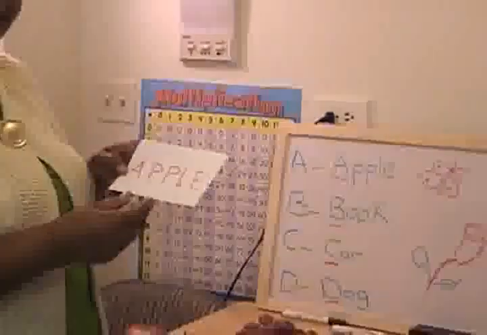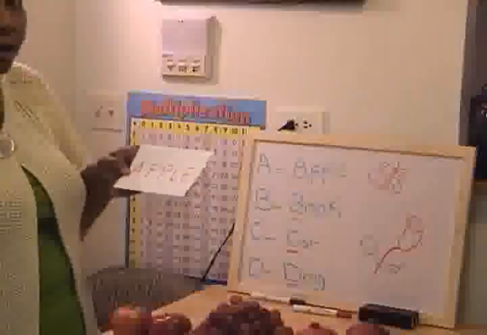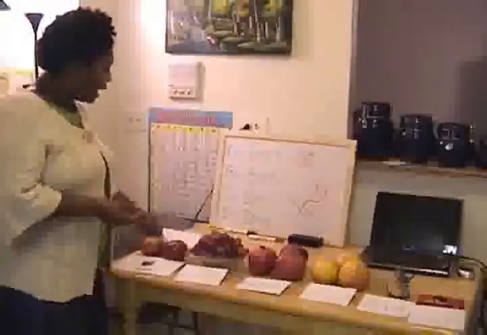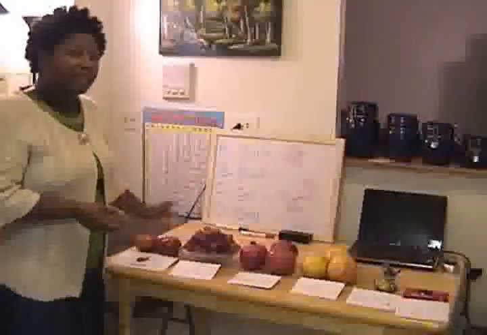So I will ask this child to read it, spell it out, and see how the child does. After that, that will show me that this child is able to read this word without a visual representation of the item. I will continue this routine throughout the objects that I have displayed here.